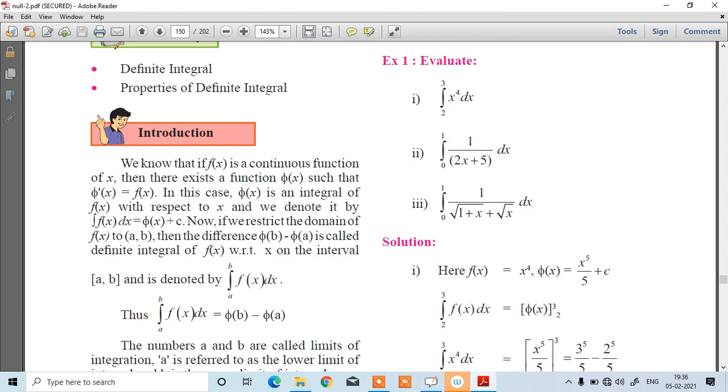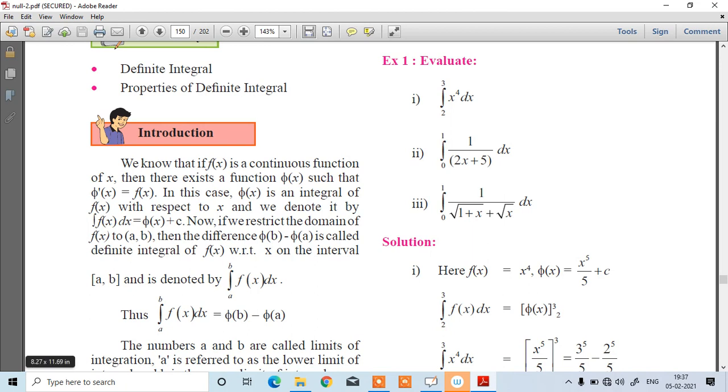Now if we restrict the domain of f of x to open interval ab, means if the given function is restricted to a certain interval of the real numbers, say open interval a to b, then the difference phi of b minus phi of a is called the definite integral of f of x with respect to x on the closed interval ab, and it is denoted by integral from a to b of f of x dx.